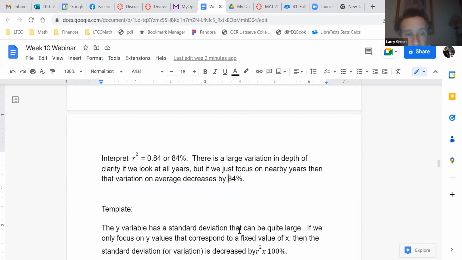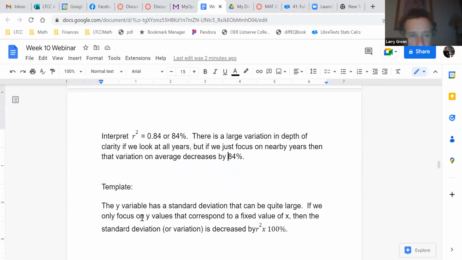Okay. So just a note, I kind of made a template. Another way of looking at it is the variable y has a standard deviation that can be quite large. You can use variation or standard deviation. They mean basically the same idea. But if we only focus on y values that correspond to a fixed value of x, so that means we only look at that year and nearby that year, then the standard deviation or variation is decreased by that percent.